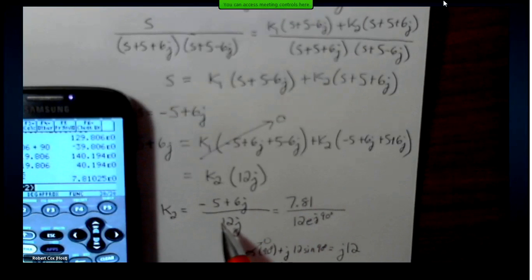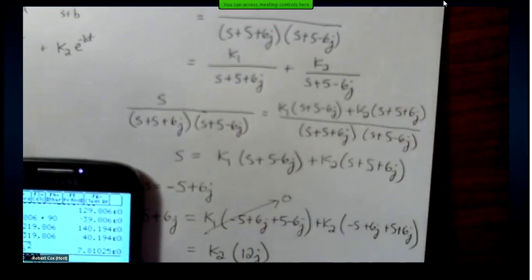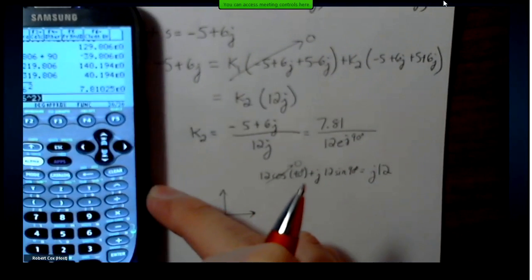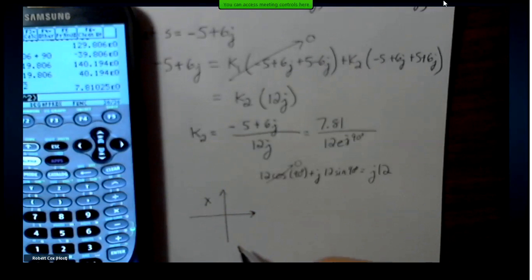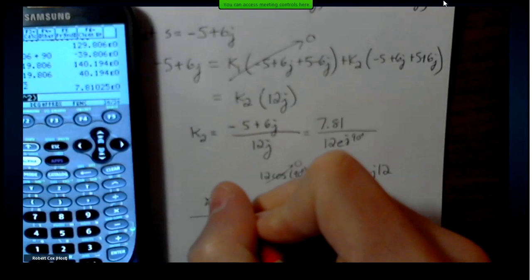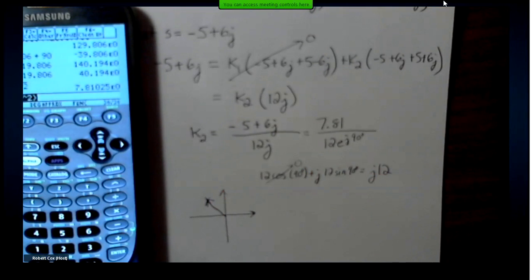Now I've got to get an angle of this guy. Now here's where it gets tricky. It's part of the reason why I wanted to look at this. Where does minus 5 plus 6j sit? Well, it sits somewhere up here. Minus 5 plus 6j as a vector sits somewhere up here. It's in the second quadrant.